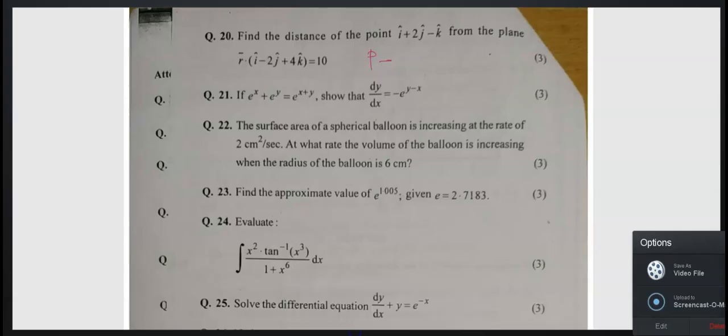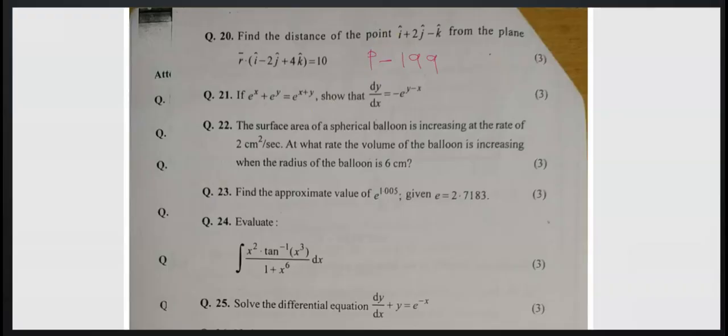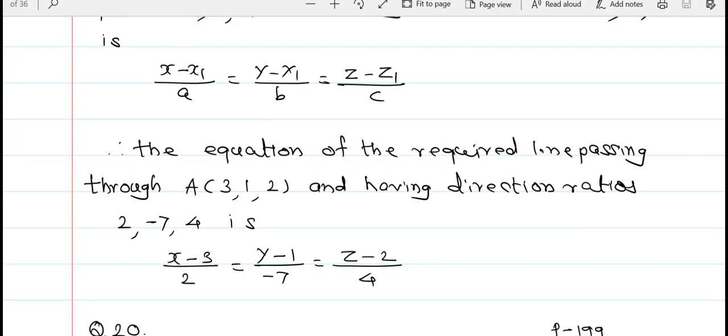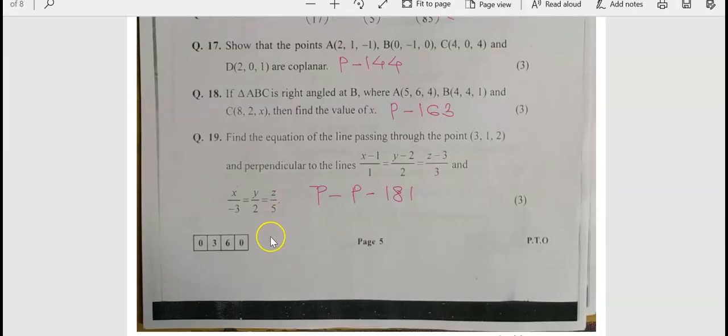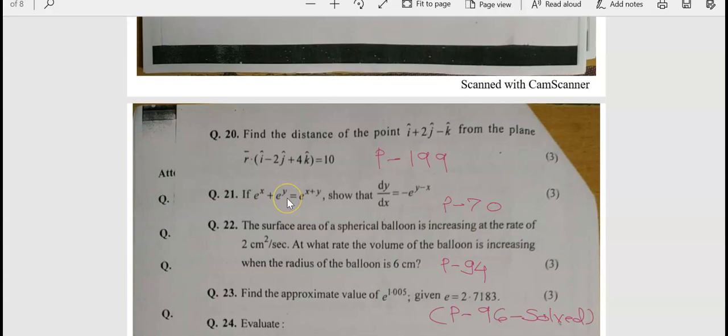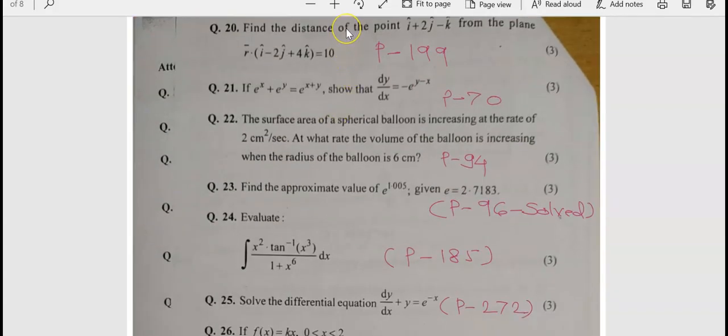Now the next is: find the distance of the point. See this again here. We'll see the question. Find the distance of the point i plus 2j minus k from the plane r bar dot (i minus 2j plus 4k) equals 10.